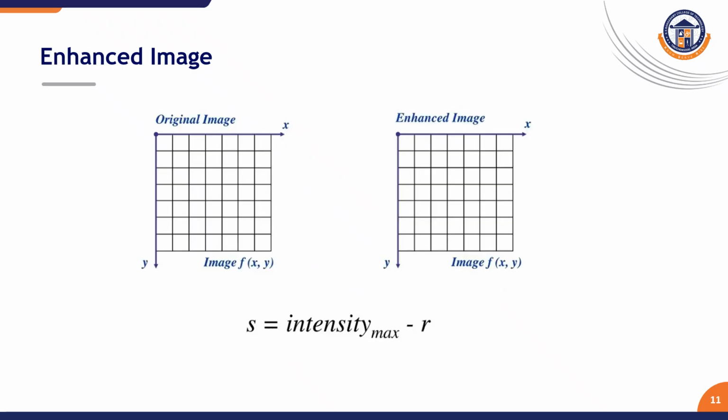The enhanced image means s is equal to intensity max minus r. Once the mask is used to perform the enhancement, once the average or any filter is applied to an original image, it is known as the enhanced image.